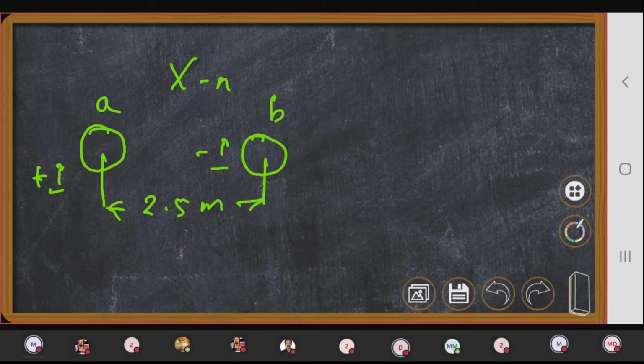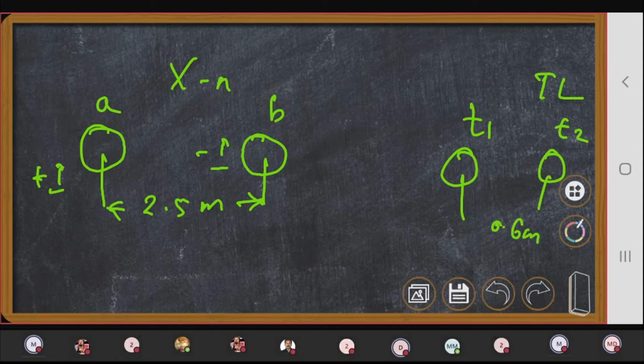One more piece of information about your telephone line. It also has two conductors, namely T1, T2. In between the centers you have the spacing of 0.6 meter.